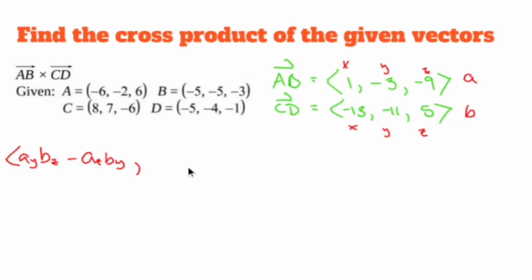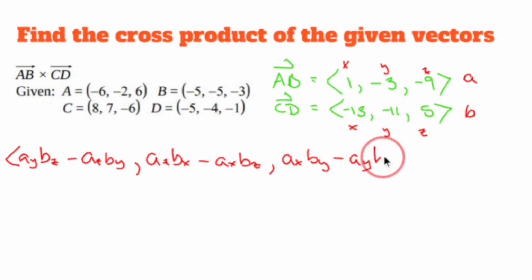Okay, that's the first part. Then I have A sub Z, B sub X, minus A sub X, B sub Z. Then I have A sub X, B sub Y, minus A sub Y, B sub X.